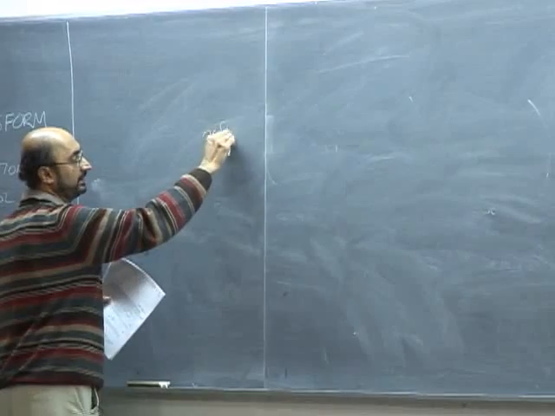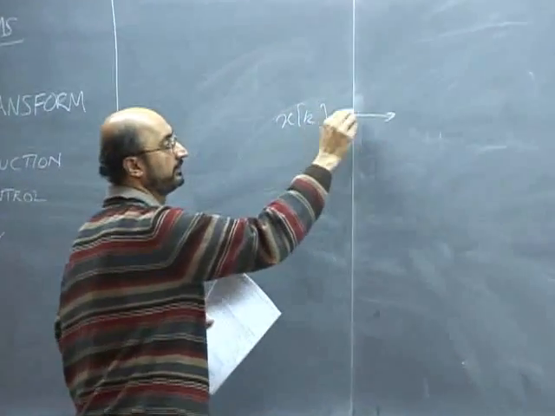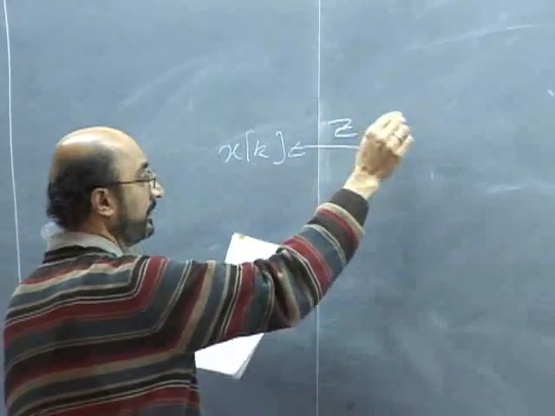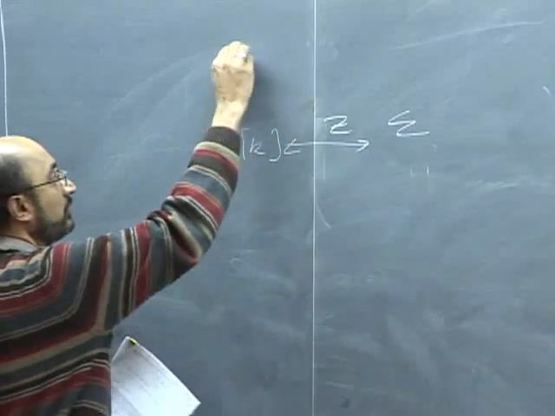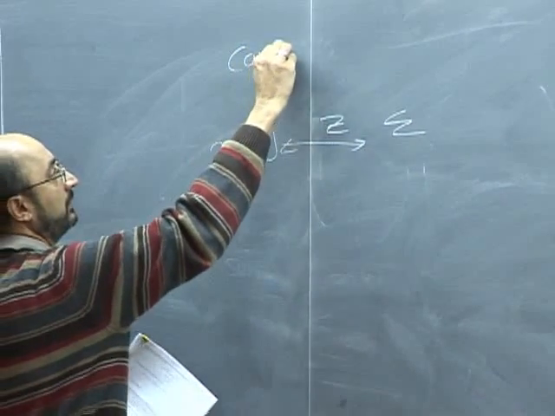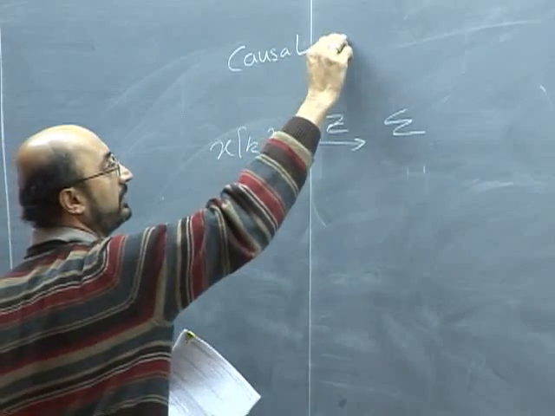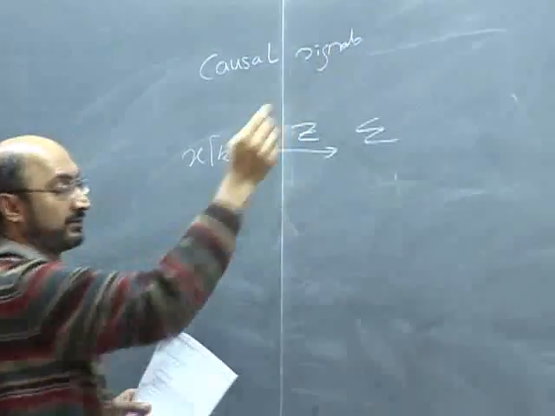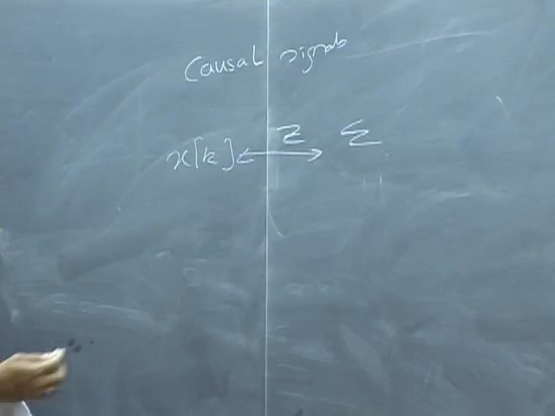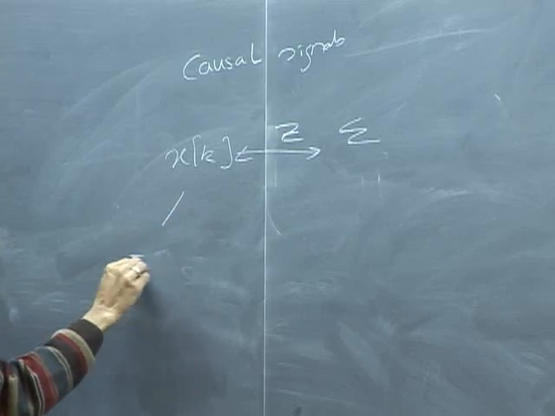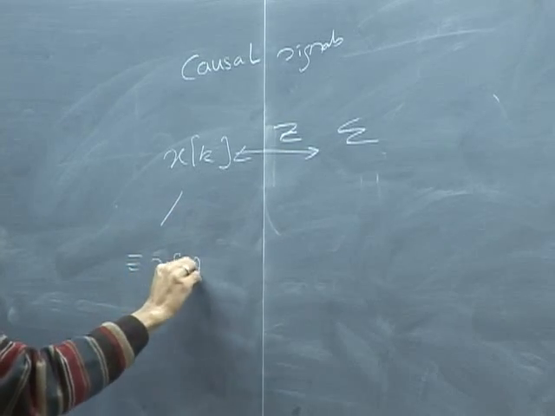So how do we do this? We define the Z transform of x[k] as follows. We'll just consider causal signals, which means that we can assume there is a u[k], so x[k] is basically equivalent to x[k]u[k].